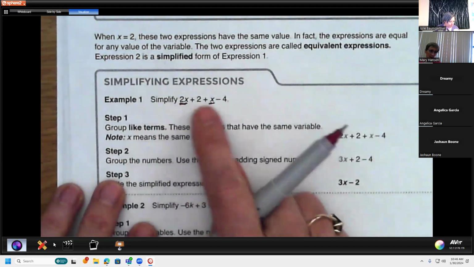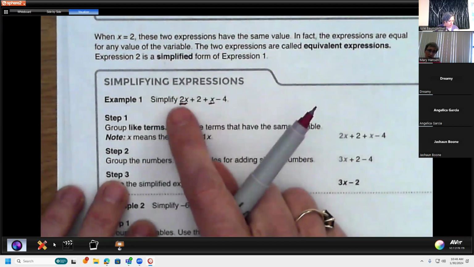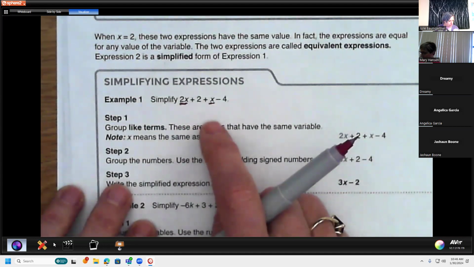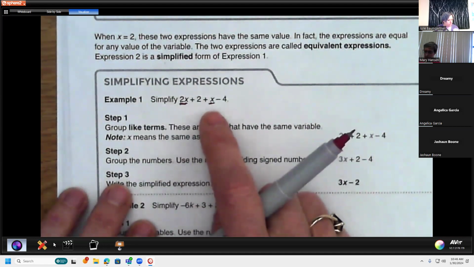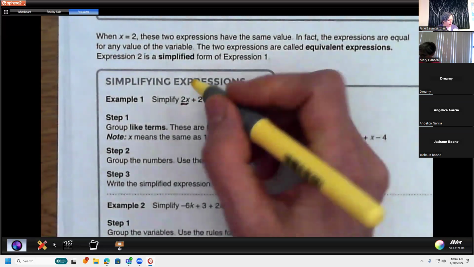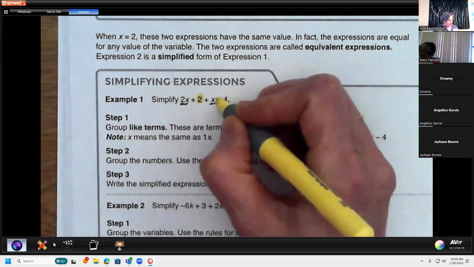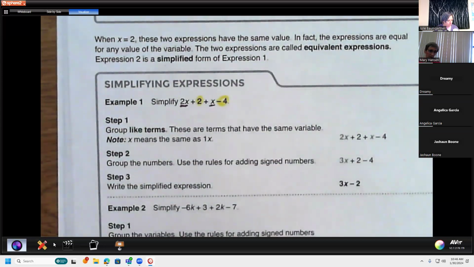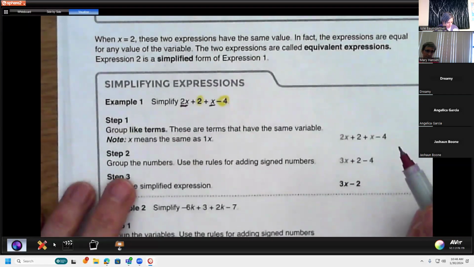This 2x and the x, that'd be like 2 hamburgers and another hamburger. I can combine or simplify those things, or you can use highlighters. And then the 2 and the -4 can go together because those are just numbers.